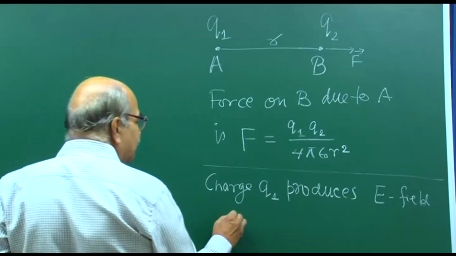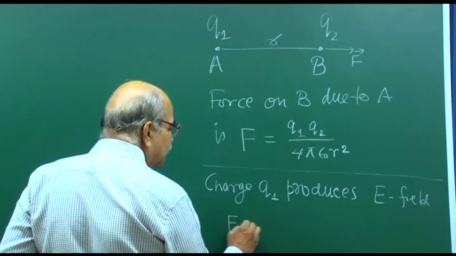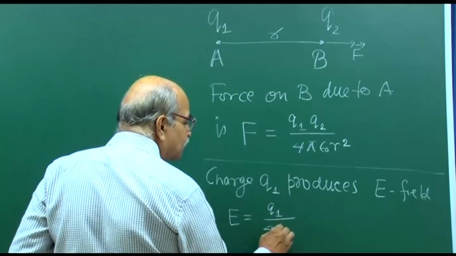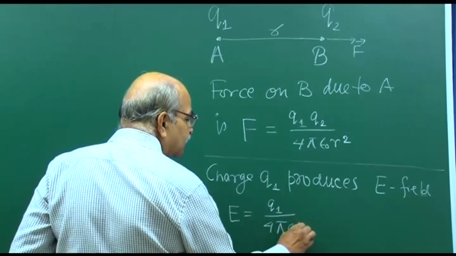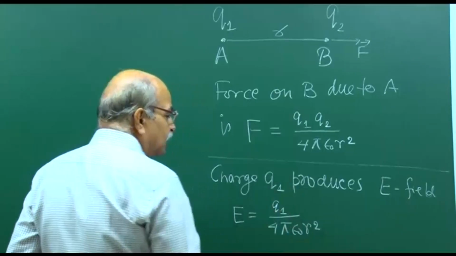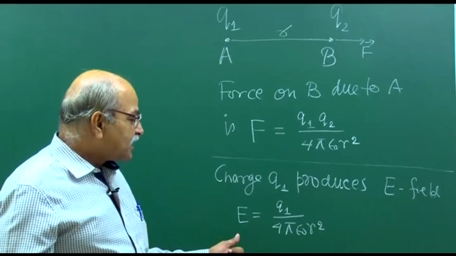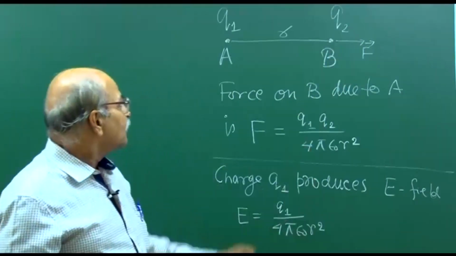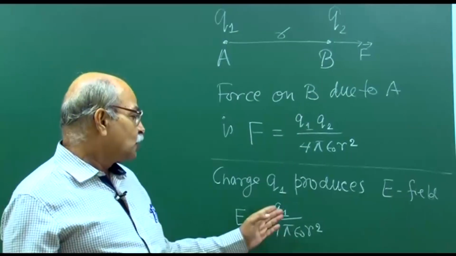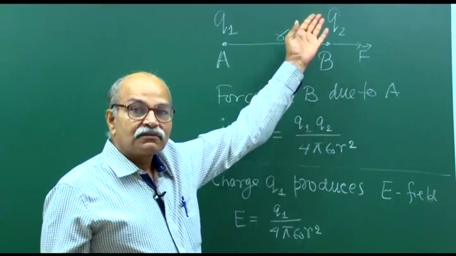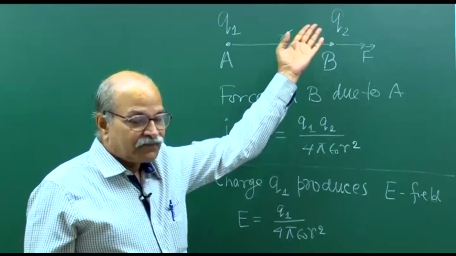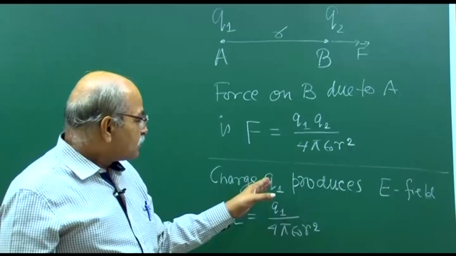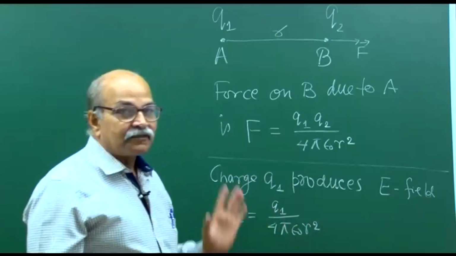So, the electric field is given by Q1 over 4 pi epsilon naught r square. And in which direction? If this Q1 is positive, it is away from A, away from that charge. If Q1 is negative, it is towards that charge. So, that is the rule for charge producing electric field.